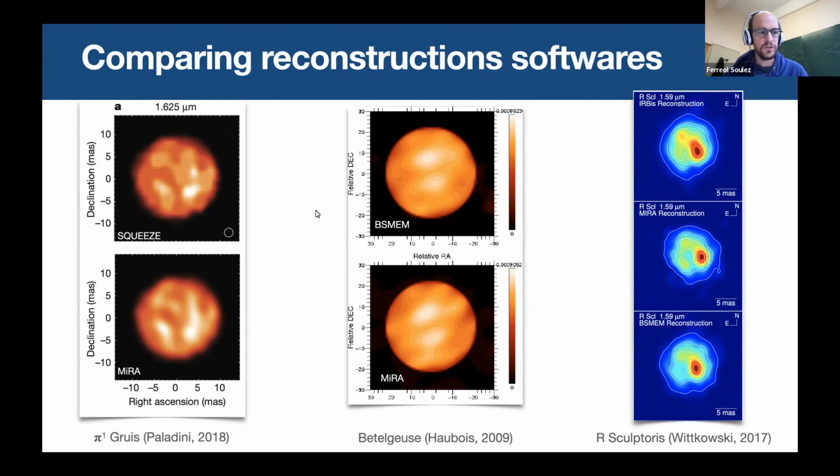Here is, for example, the PGRU data from Claudia Palladini, who tried Squeeze and Myra, the Betelgeuse by Xavier Bois, who tried BSMM and Myra, and AirSculpt by Witowski, who tried IRBIS, Myra, and BSMM.